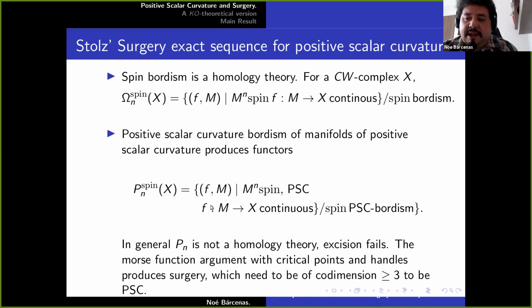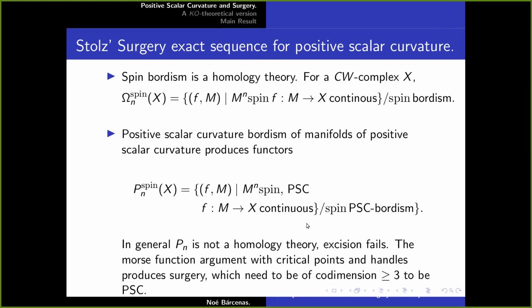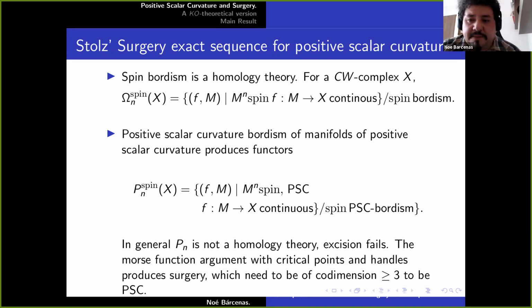You could begin to wonder, well, this is kind of Bordism of structures there. So I could consider this invariant and try to say something more about the metrics of PSC that you can consider on a manifold.